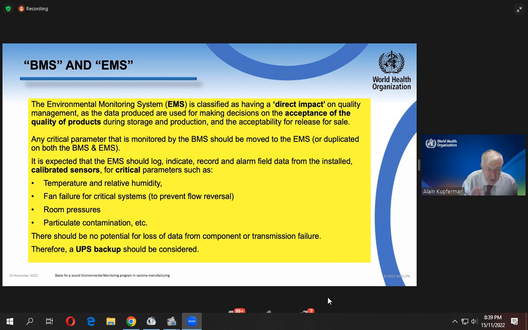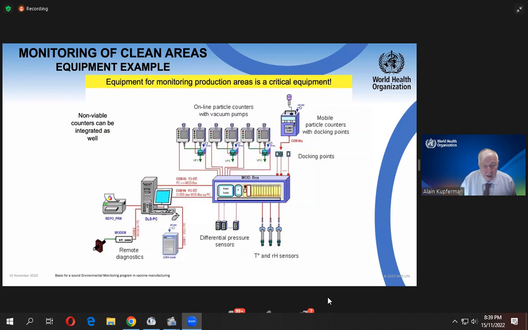So remember, the EMS you use as a direct impact system because you base your decision to release or not to release on the data gathered by the EMS. This is a typical system, and we'll come to that in the case study.